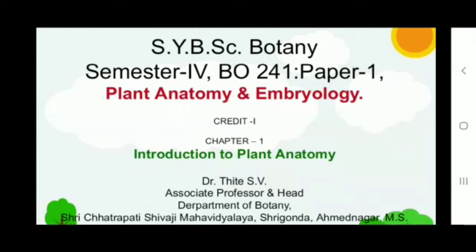So first we see the introduction, definition and brief history of plant anatomy. Plant anatomy is the study of gross internal structure of plant organs by the technique of section cutting.